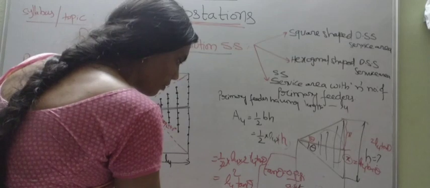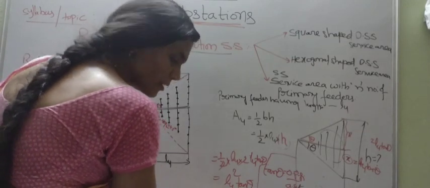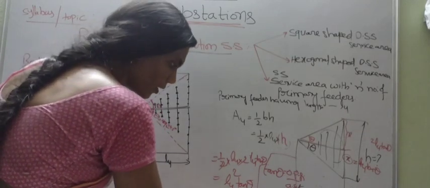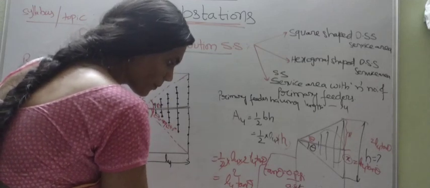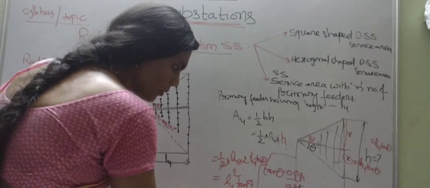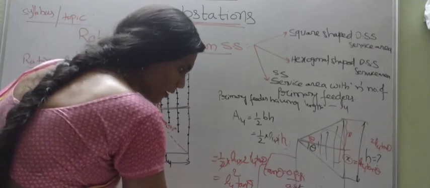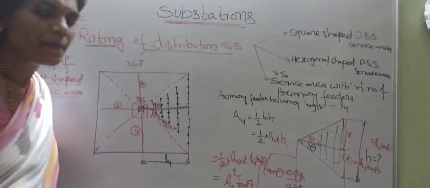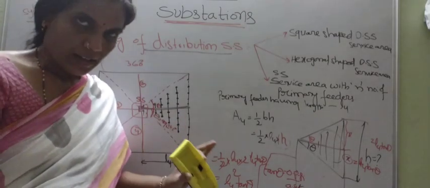Substitute theta as 45 degrees in L4 square tan theta. Tan 45 equals 1, am I right? So L4 square into tan 45 is L4 square. That is the area.